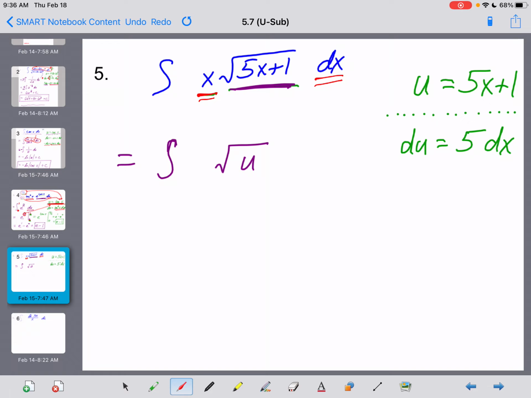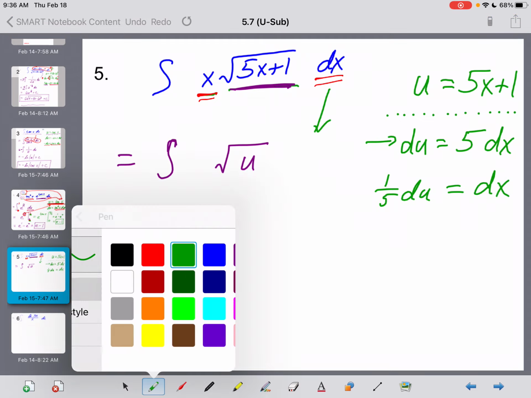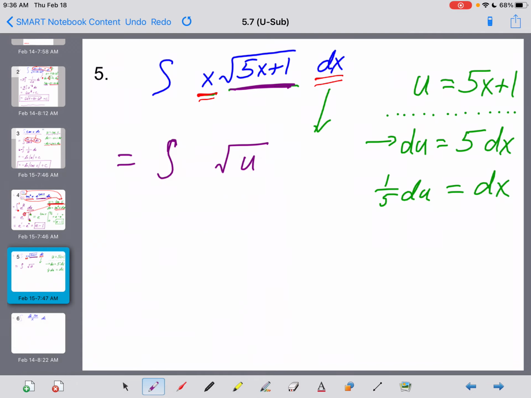So what that means is I'm going to take this equation right here, in green, and I'm just going to divide both sides by 5 and get a 1/5 du is equal to a dx. And that means that this dx right here can be represented by a 1/5 du. Not exactly what I had in mind, but okay. The 1/5 du represents the dx.